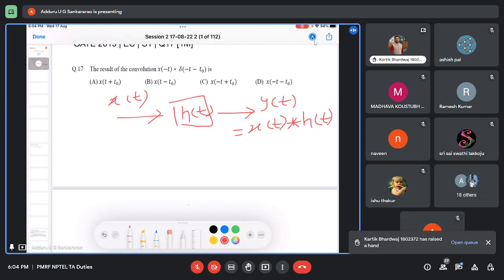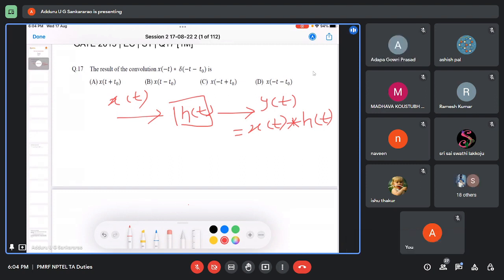Karthik Bharatwaj, you have raised your hand. Can you ask? Hello. Fine. So let us say x of t and h of t. How is the convolution defined?